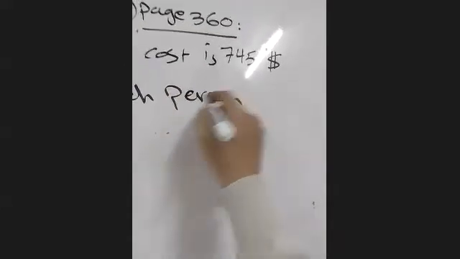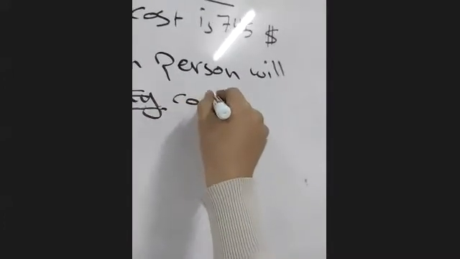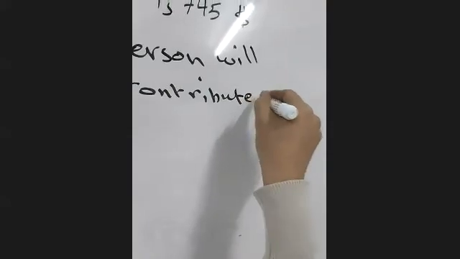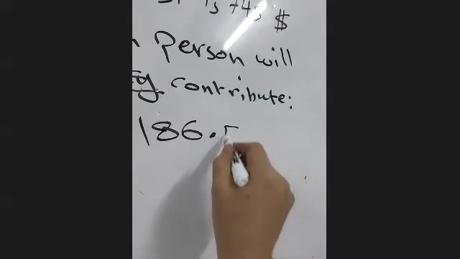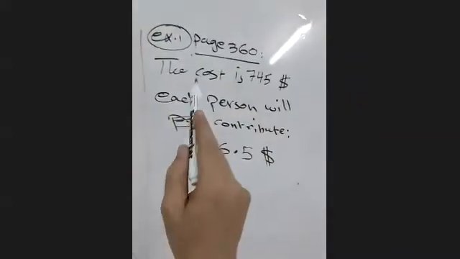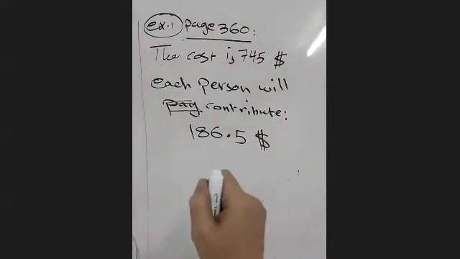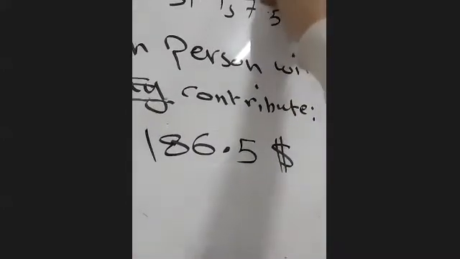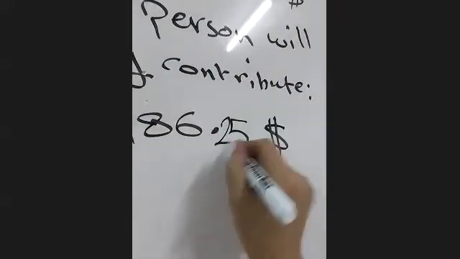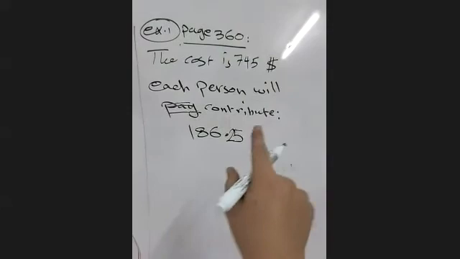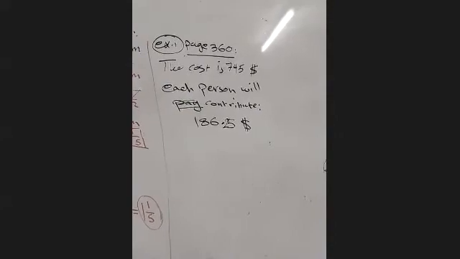Each person, or each friend, will pay or contribute 186.25. So the total cost is 745, and each friend will contribute $186.25, right? Yes. Continue.